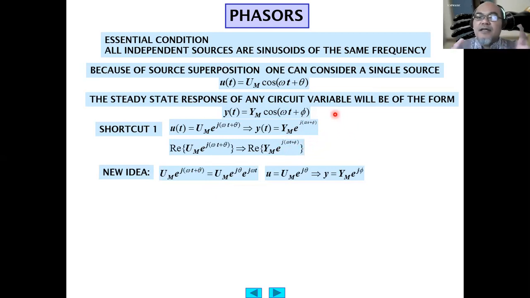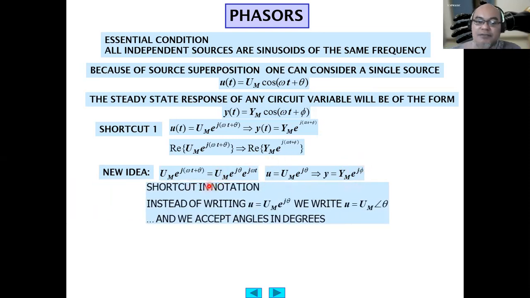Since exponent j omega t is the same on both sides, we can cancel it and do not need to take it into account. What matters now is only the phase and the amplitude. The source is U equals Um exponent j theta, and the response is Y equals Ym exponent j phi.